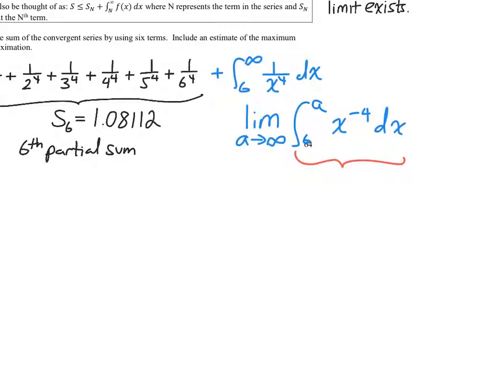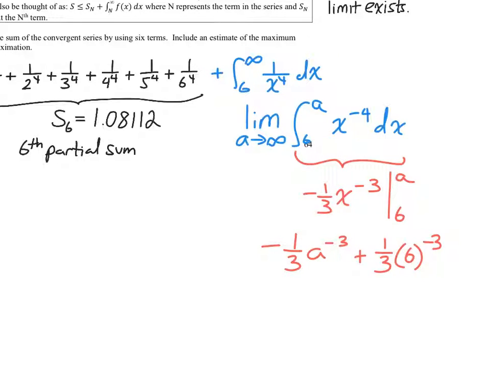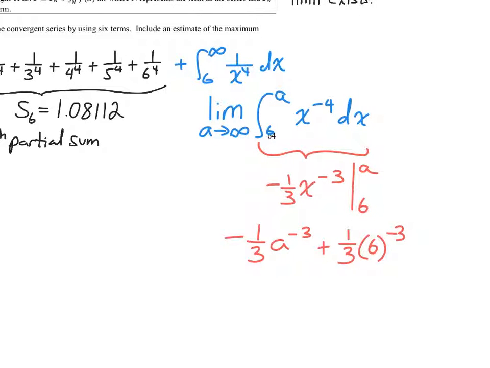So that's going to give me negative 1/3 x to the negative third on the interval of 6 to a. So negative 1/3 a to the negative third plus 1/3 times 6 to the negative third. The idea being that I want to find the limit of that as a approaches infinity. All right.